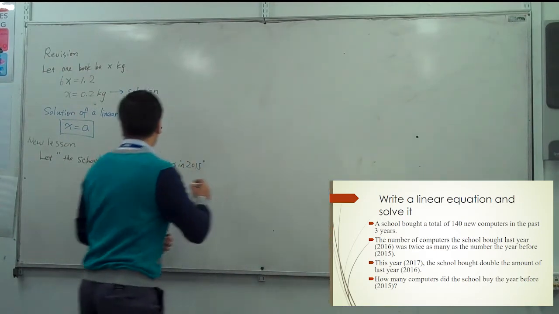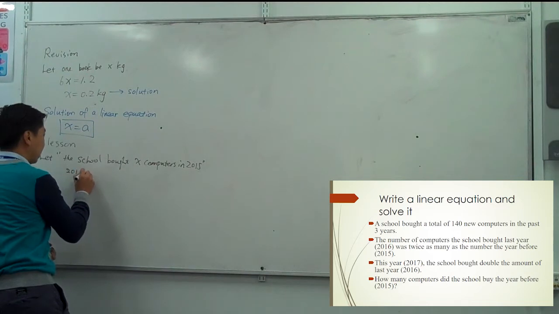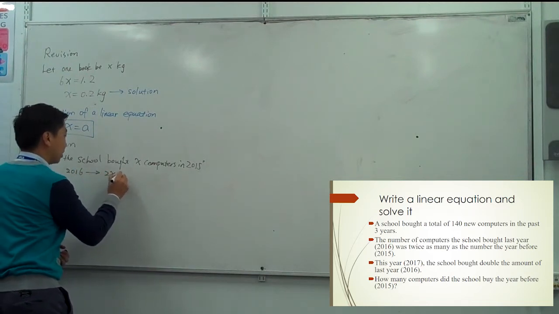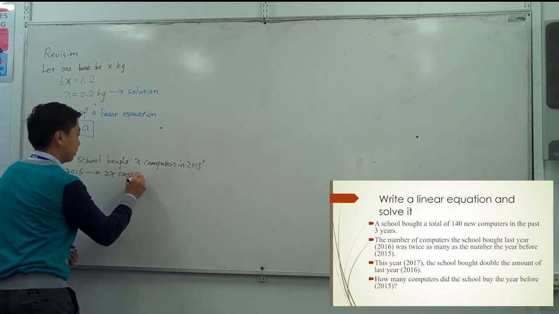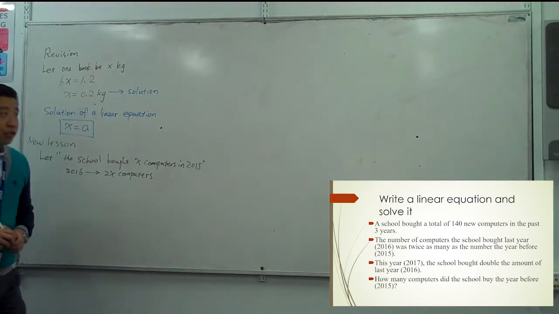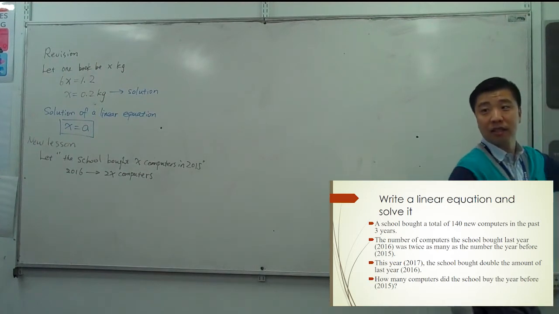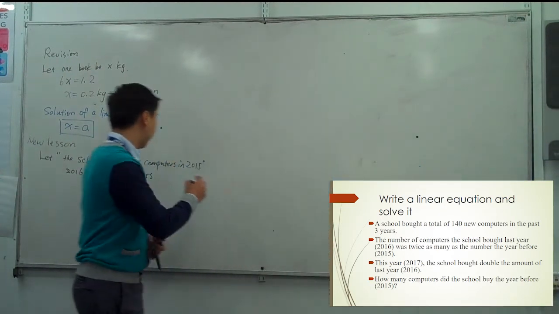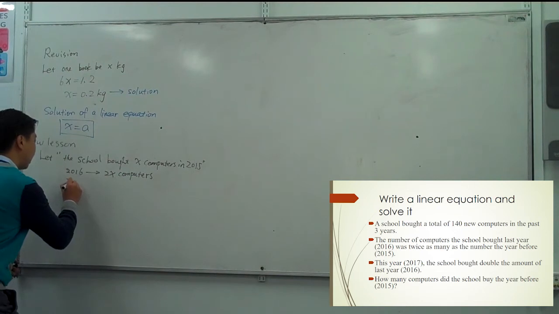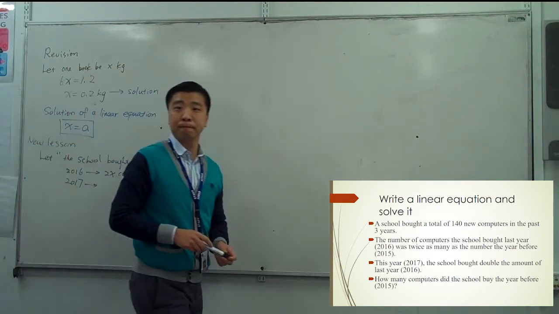So we can write 2016, we have 2x computers. Very good. Now, could you please read this sentence and give me the answer for 2017? How many computers? 4x.